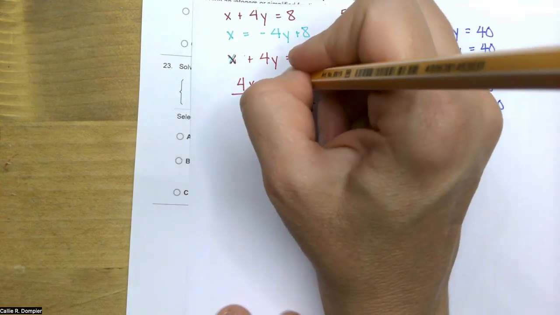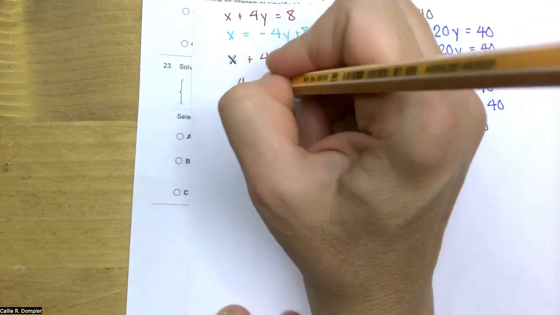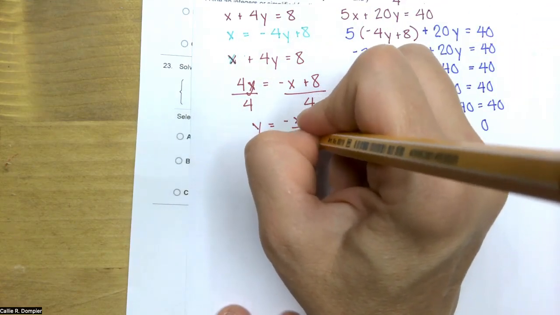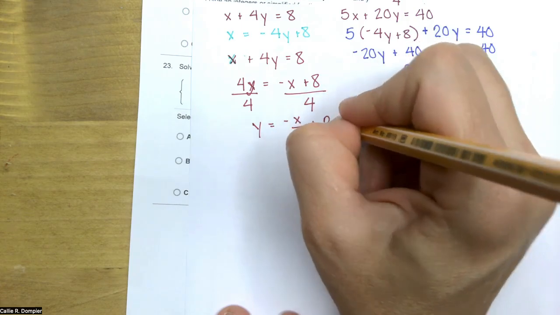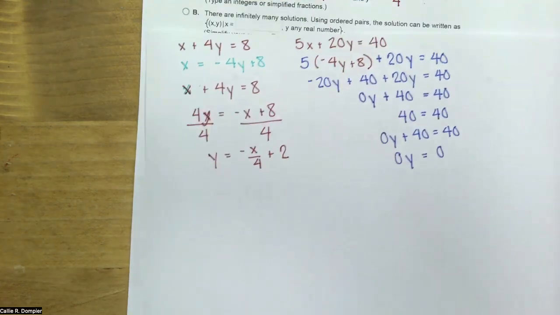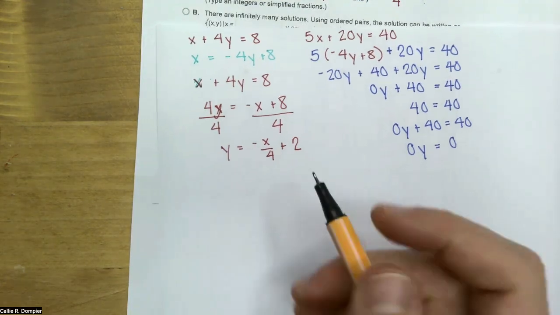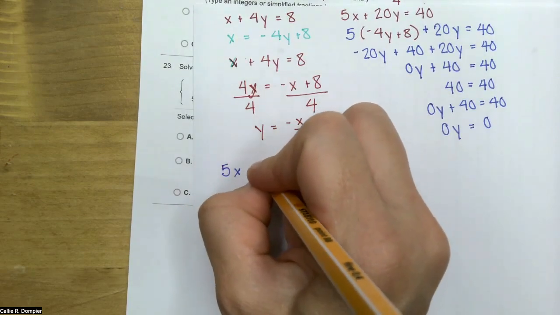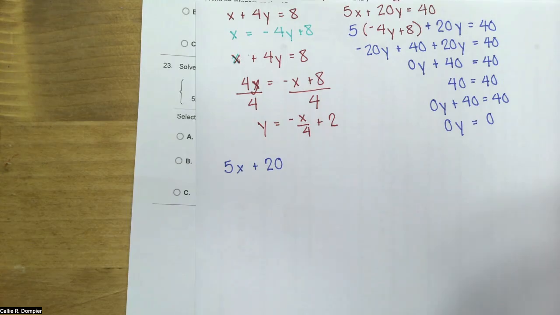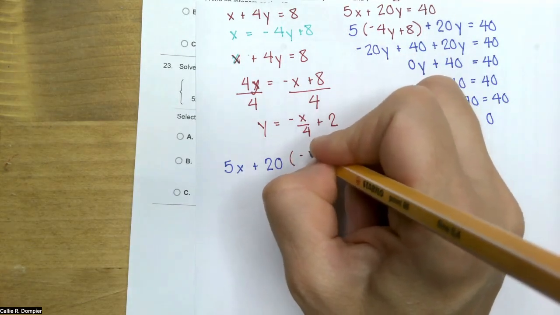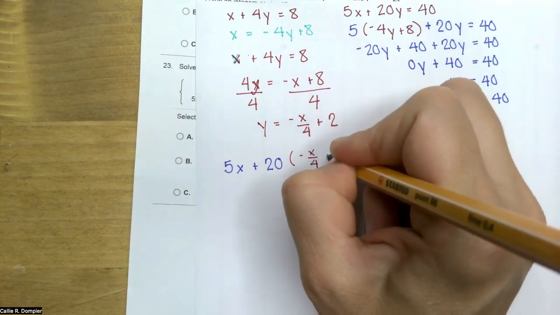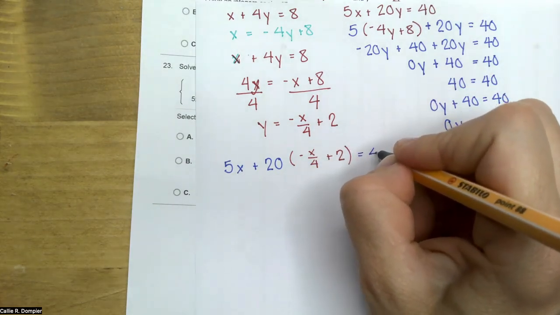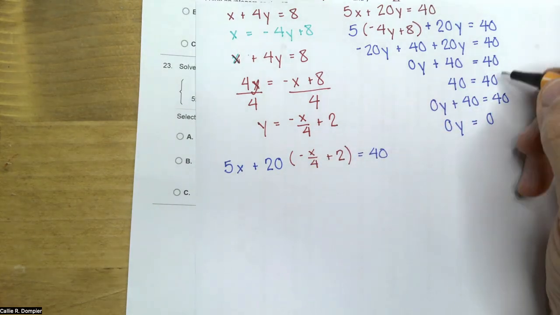Oh, sorry, that's a y. y equals negative x over 4 plus 2. Put that into there. 5x plus 20 times negative x over 4 plus 2 equals 40.